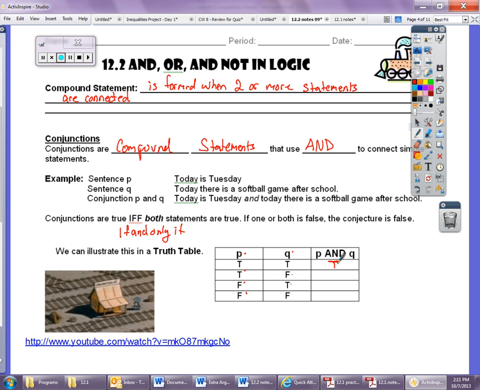If today is Tuesday but there's not a softball game, P is true and Q is false, which makes the entire thing false. If P is false, it's not Tuesday, but there's a softball game, the statement's still false because they both have to be true. And if P is false and Q is false, neither one happens, so the entire thing is false. So for and, both P and Q have to be true statements.